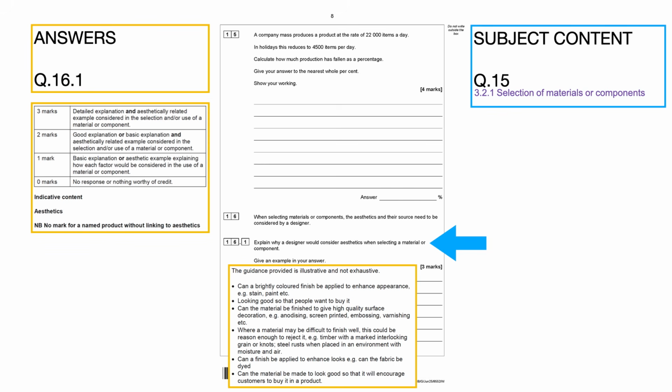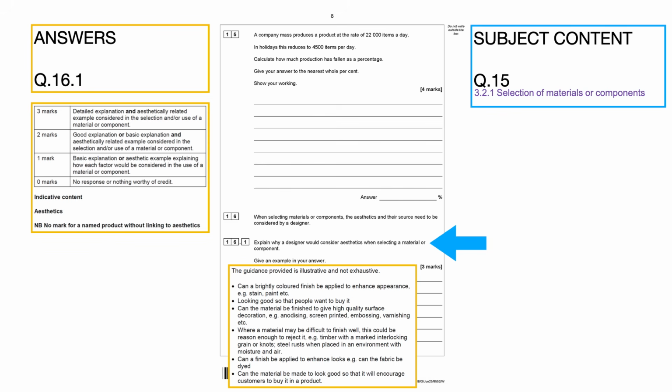Now, this is taken from 3.2.1, selection of materials or components based on their aesthetic qualities. To get the full 3 marks, you need to have a detailed explanation and aesthetically related example considered in the selection and or use of a material or component. So the guidance provided is illustrative and not exhaustive.